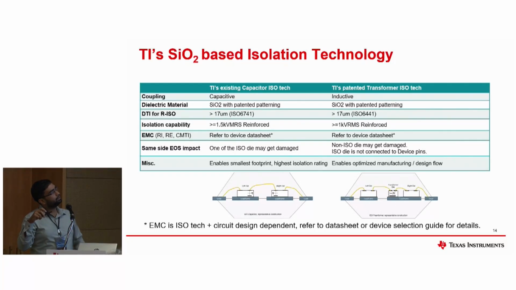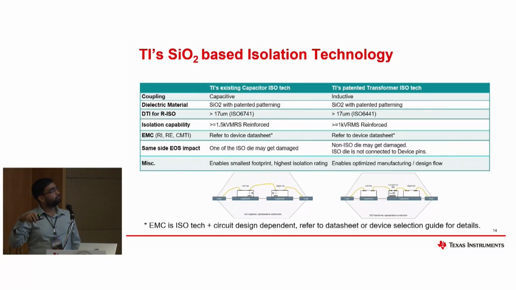The ISOSAX, because of its small size and lower DTI, also defines your high voltage rating. Right now we have achieved 1 kV RMS for the transformer technology, and it's a work in progress to come here.